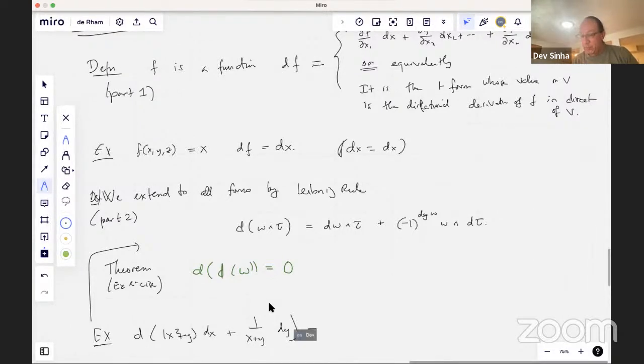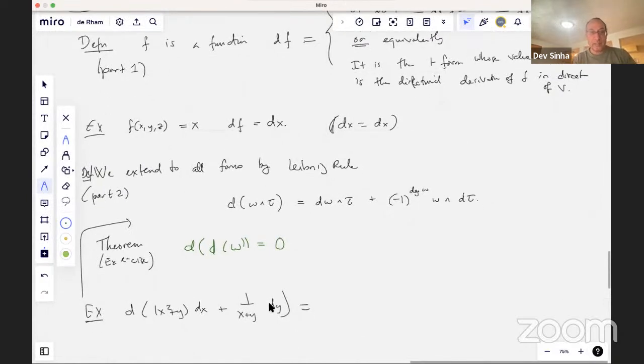So this is equal to, well, I'm going to think of that (x squared plus y) dx as a 0 form times a 1 form. So I'm going to take d of x squared plus y, and that's 2x dx plus dy.